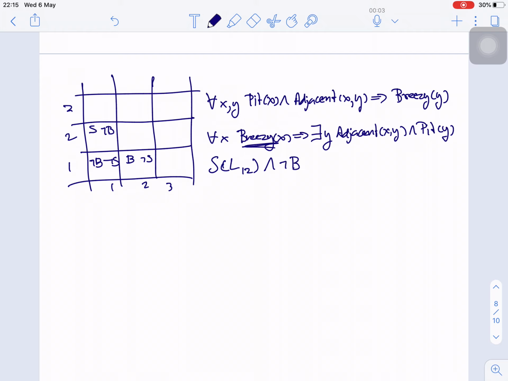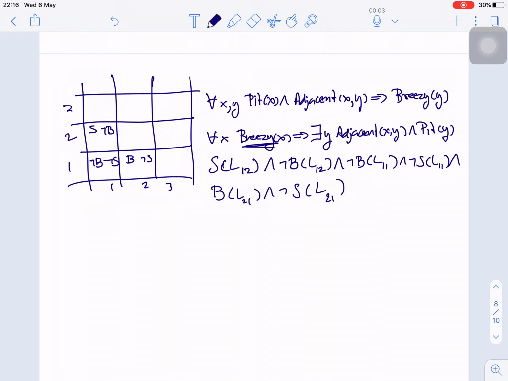Actually we should write breezy in full, but we have to write it many times, so we change it to not breezy at location 1 2, and not breezy at location 1 1, and not smelly at location 1 1, and breezy at location 2 1, and not smelly at location 2 1. Okay, so the rules are like this.